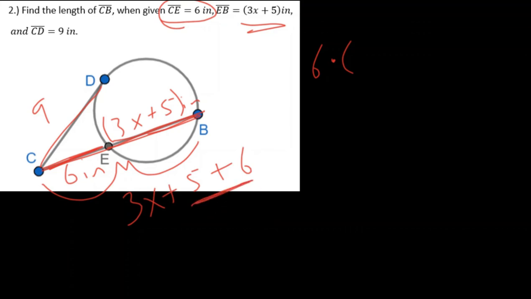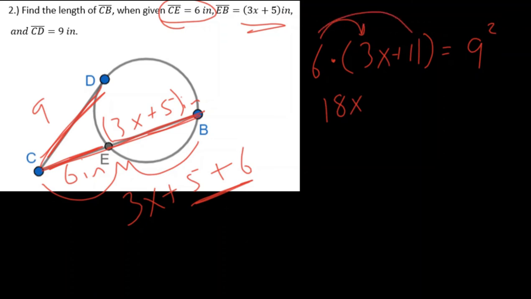Well, 5 plus 6 is going to give us 3x plus 11 equals, and of course, when you look at your tangent, we always know that our tangent will be squared. Now, let's start working through this. So 6 times 3x will give us 18x, and 6 times 11, that'll be 66, is equal to, and think back to our last example, what's 9 squared? Well, of course, that would be 81.